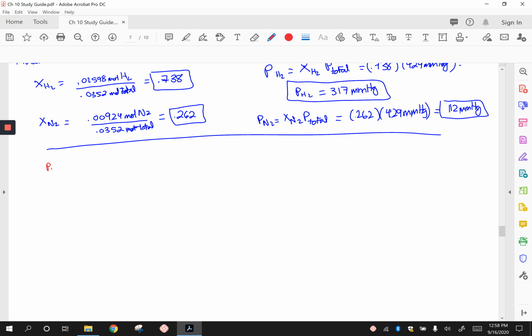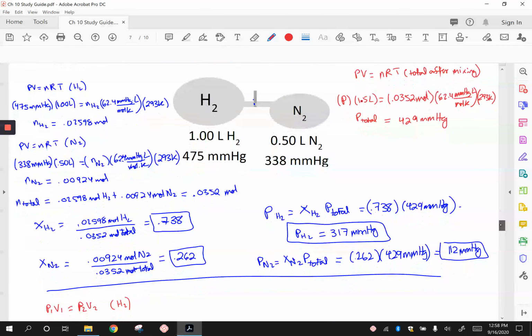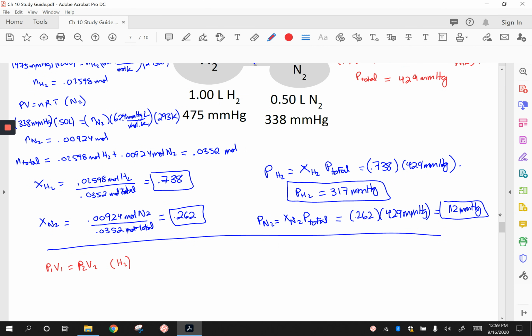So I'm going to do P1V1 equals P2V2 for hydrogen first. So my initial pressure of hydrogen was 475 millimeters of mercury, and that was in 1 liter. I'm going to solve for the P2 when it's now 1.5 liters.